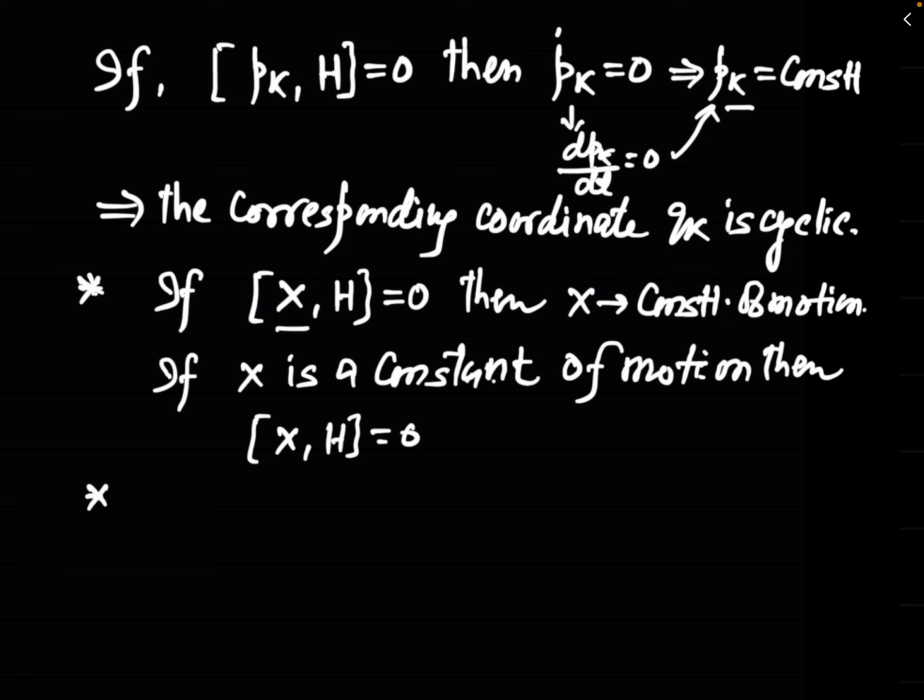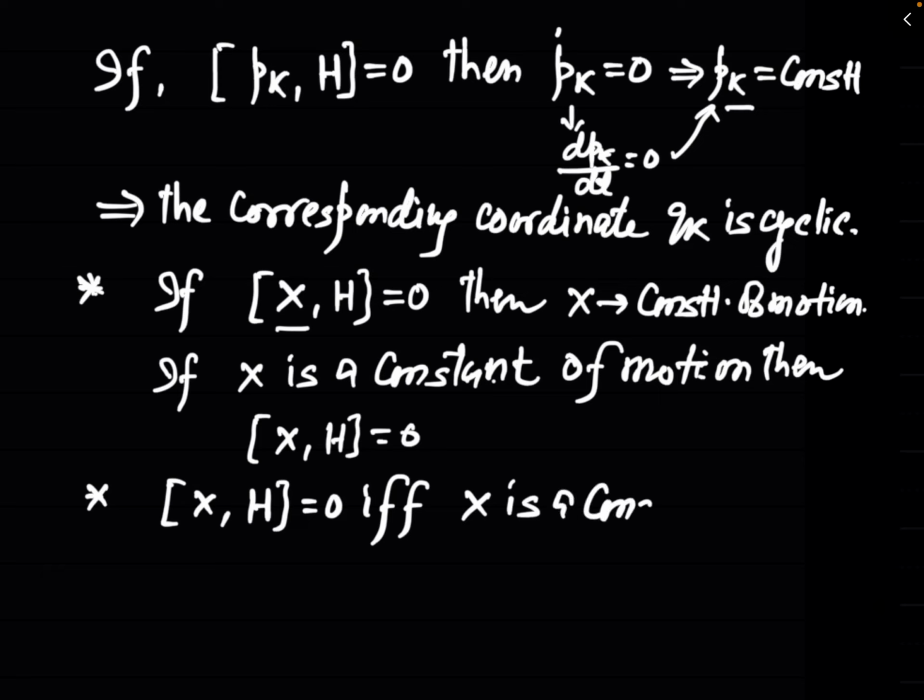So you can write this condition in this way: Poisson bracket of x and h is equal to 0 if, this if means if and only if, that is necessary and sufficient condition, x is a constant of motion.